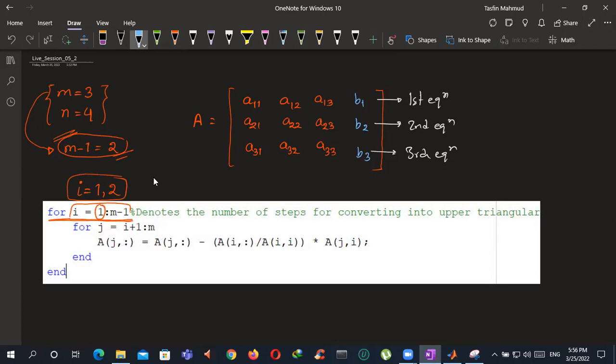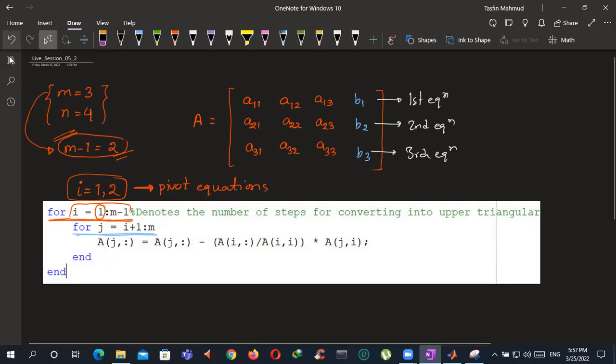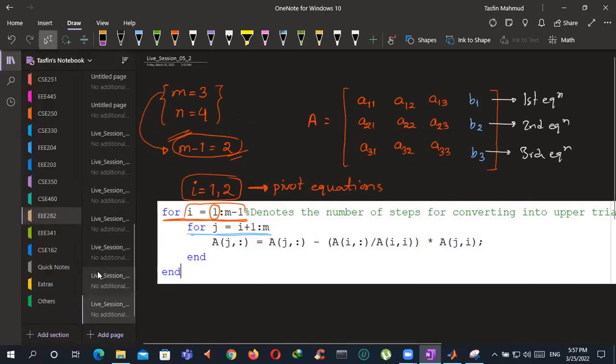Okay. Now moving on to the second loop. So this I loop will actually control the pivot equations. We actually dealt with 2 pivot equations, the first and the second.